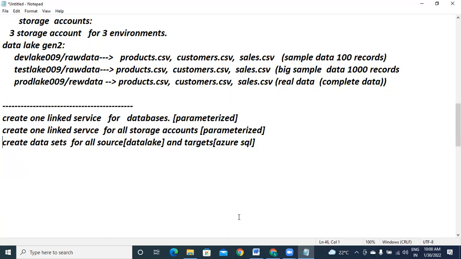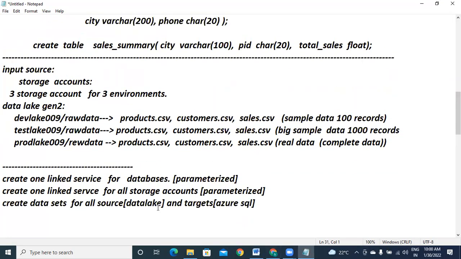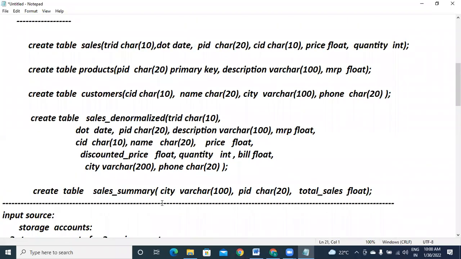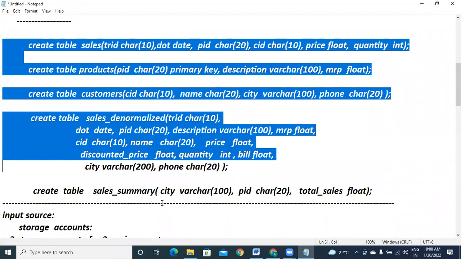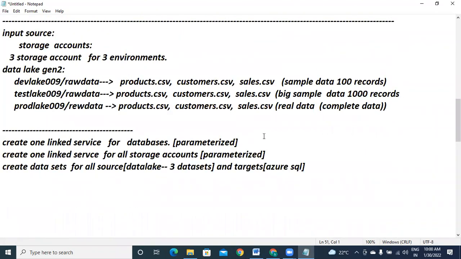So how many data sets do you require to achieve this task? In data lake, I need 3 data sets. But in targets, how many targets in terms of tables? 1, 2, 3, 4, 5. Here I need 5 data sets.